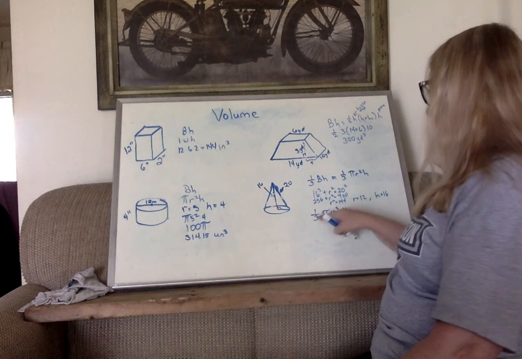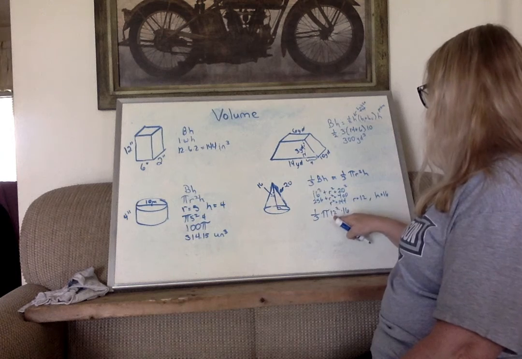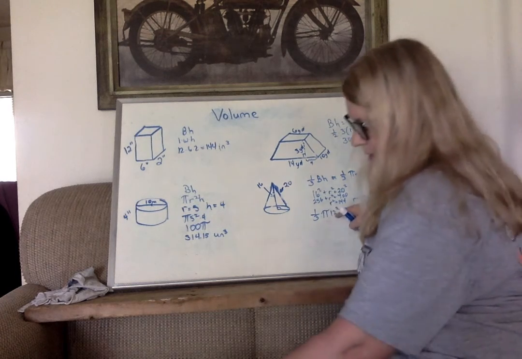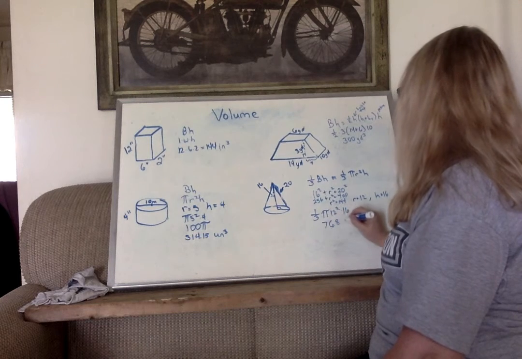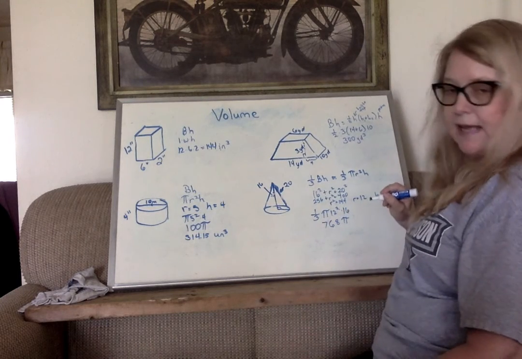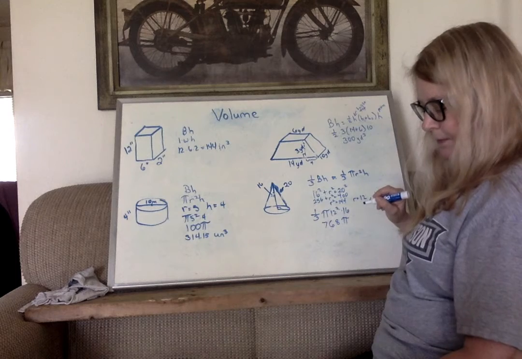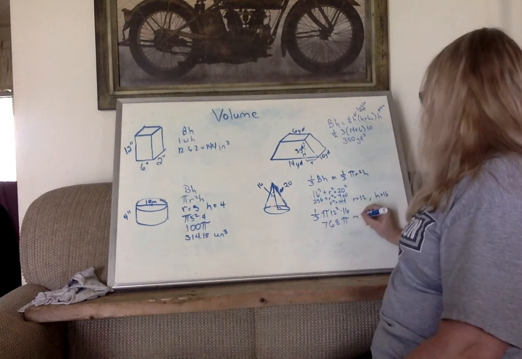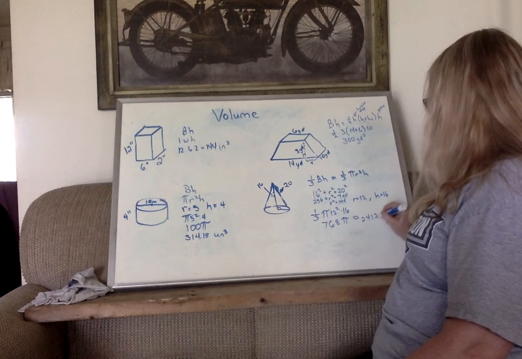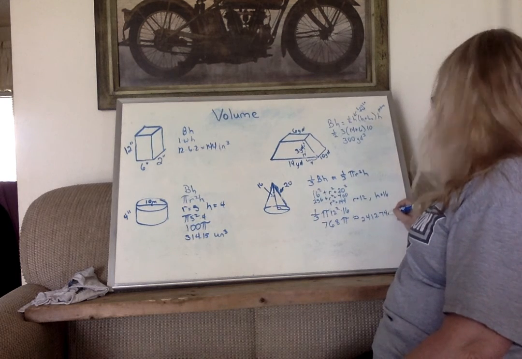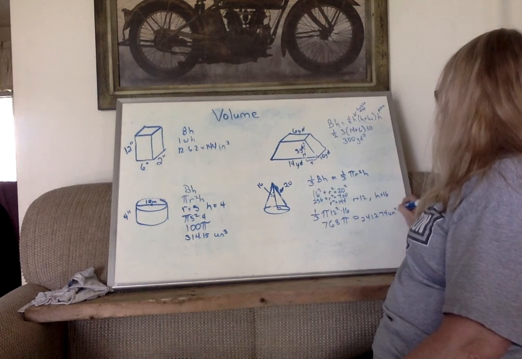If you put it in a calculator, 1/3 times 12 squared times 16, you will get 768 pi. That's exact form or pi form. Multiply those together. It's about 2412.74 units cubed.